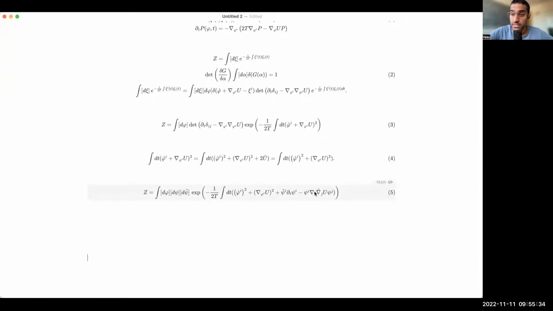But if you were to write this as an operator, we're going to have to introduce a momentum conjugate to phi, and we're going to have to introduce conjugate pairs of fermions. And so the structure of this Hamiltonian is going to be the following.